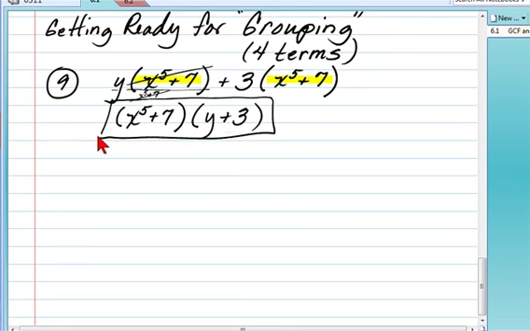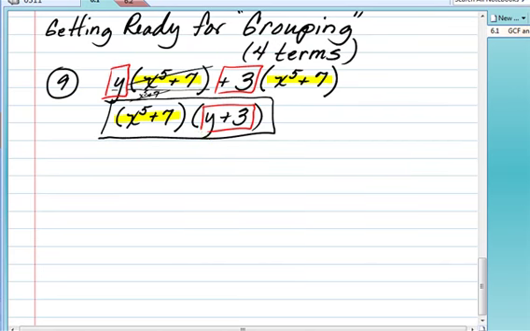Remember, what is your goal? Factoring: to change an expression that's got pluses and minuses into a product. And I have turned it into a product. This first one was the common factor, and the second one is what I call the leftovers. Put them together over there.